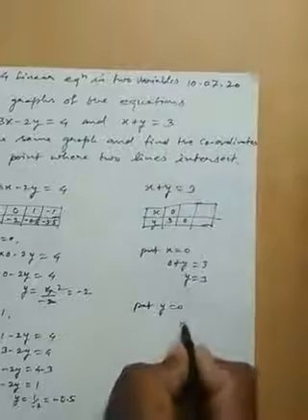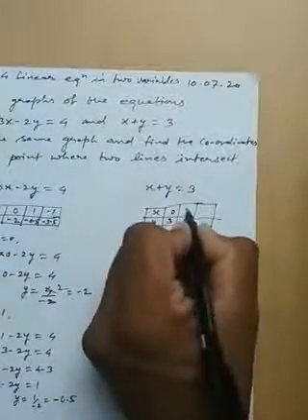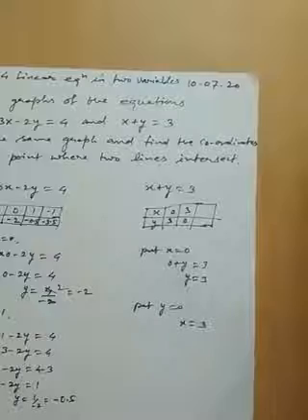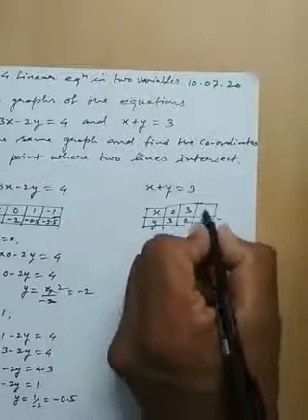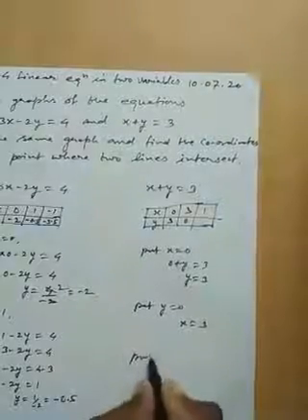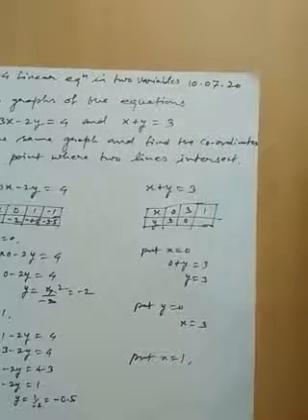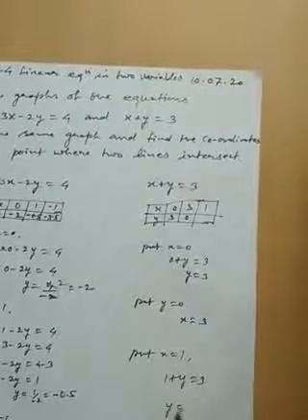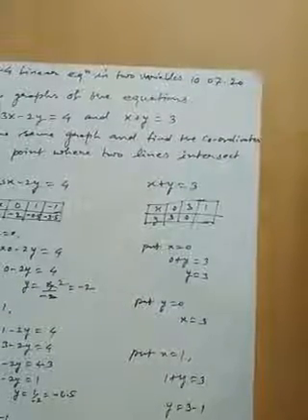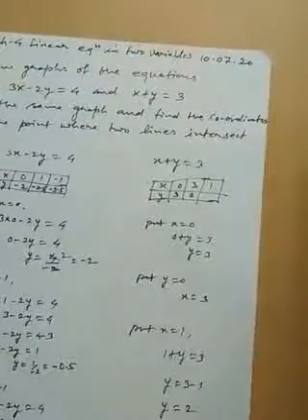Then x equal to 3. So (0, 3) and (3, 0) are two solutions. We can find one more solution. Put x equal to 1. Then 1 plus y equal to 3. Then y equal to 3 minus 1, that is 2.